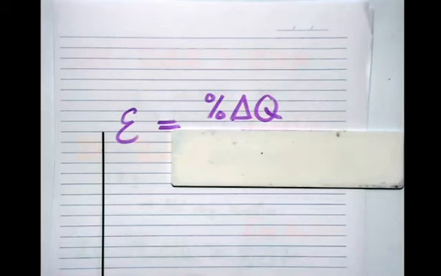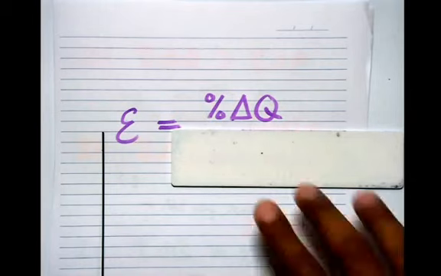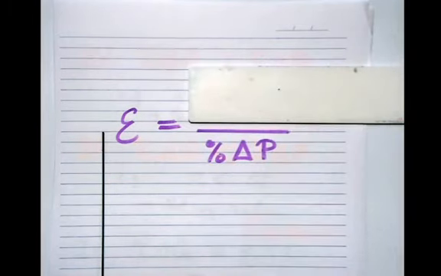I mean, if there was a product that was selling for $100 and now it's selling for $90, what is the percentage change in price? 10%, right? You all know that.